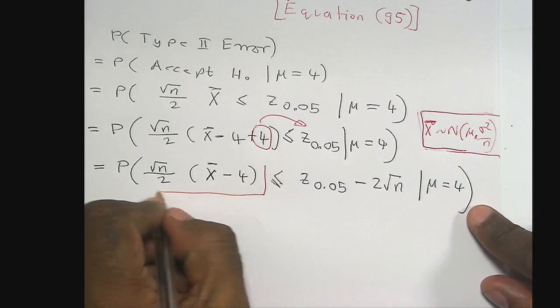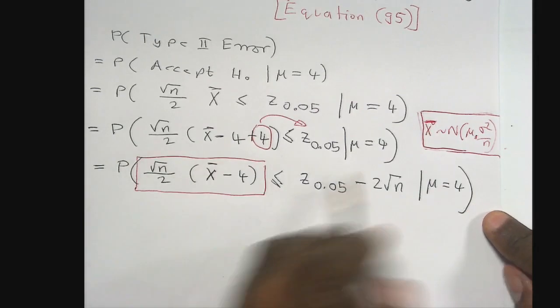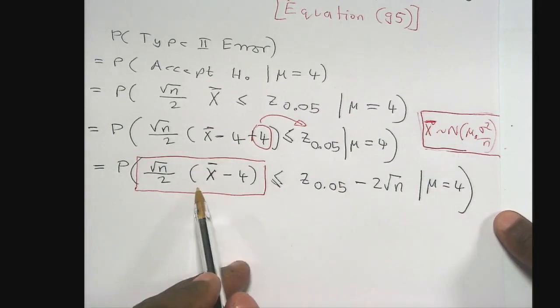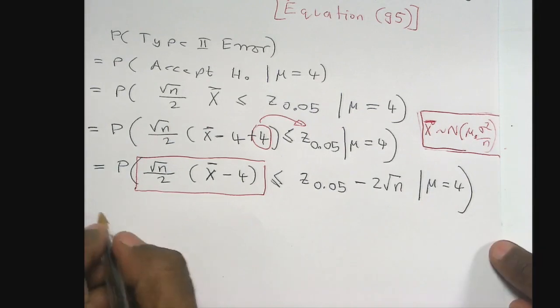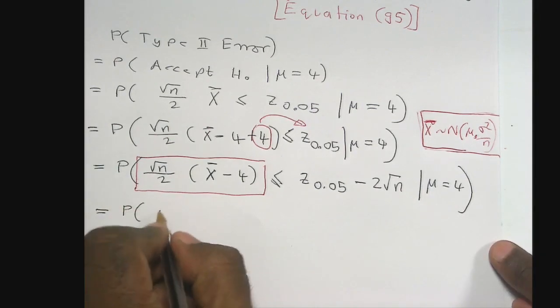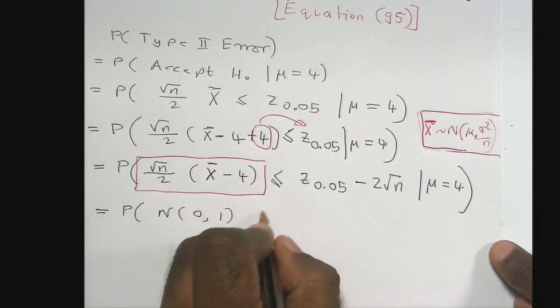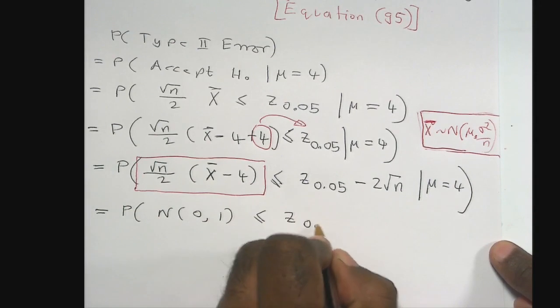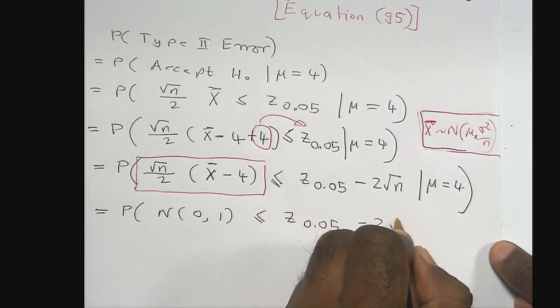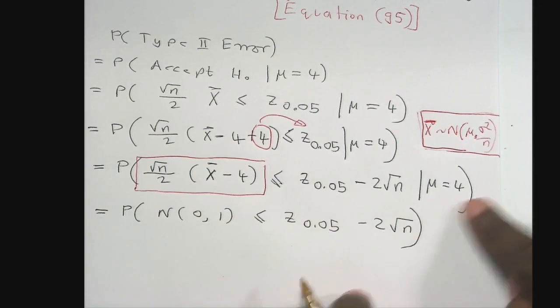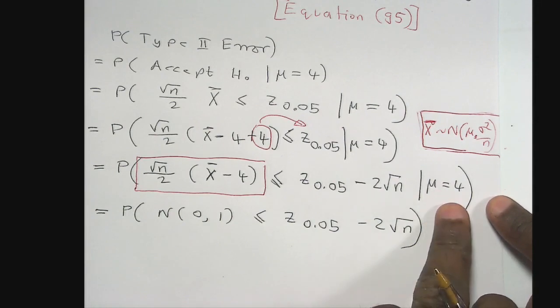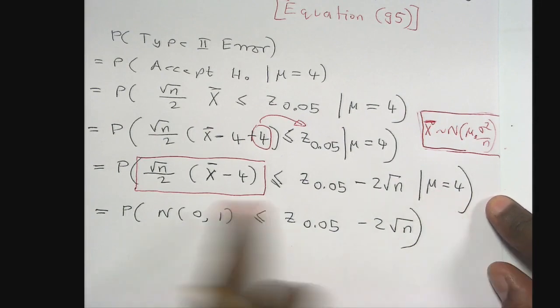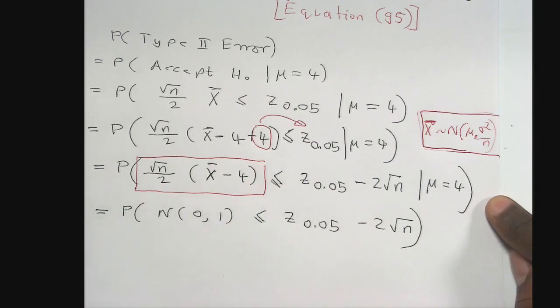Now this guy here has the standard normal distribution, right? So what you have is the probability that N(0,1) is less than or equal to this. I don't need the condition anymore. The conditioning disappears because I have used the conditioning to argue that this has the standard normal distribution.